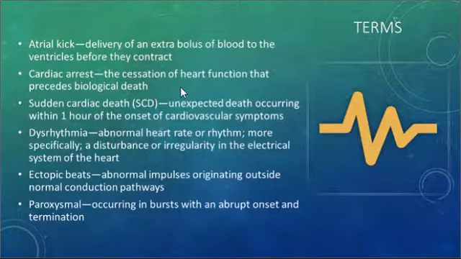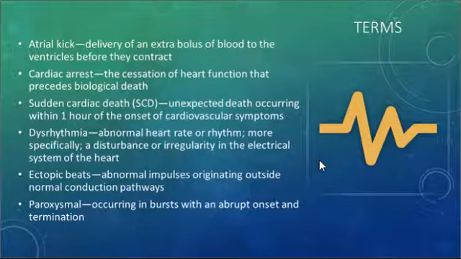Cardiac arrest is when the heart is not beating at all. Sudden cardiac death, unexpected death occurring within 1 hour of onset of cardiovascular symptoms. Within 1 hour, it's not they die right then and there, although they can. Within 1 hour of the onset of symptoms.